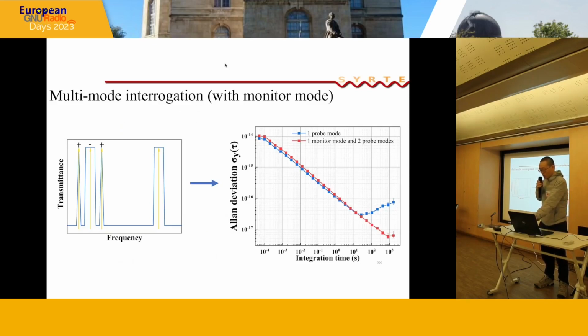We didn't know how efficient it can be, since we only measured this 3 hours of data of the frequency stability. And we saw that we reached the 10 to the minus 18th level. So in the really long term, you would expect to have the flicker noise after?